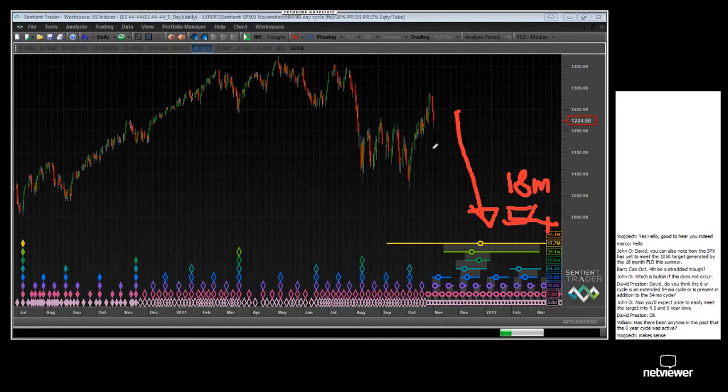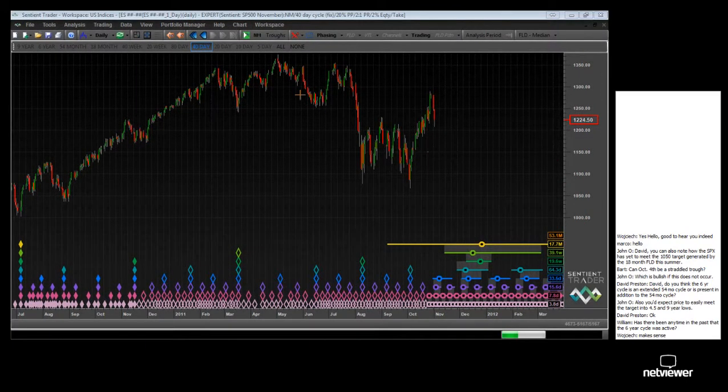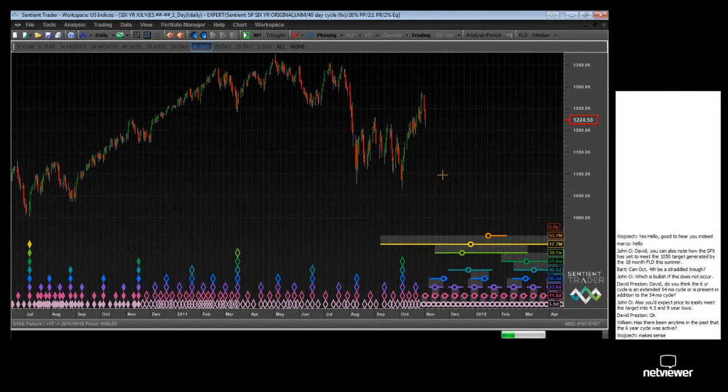So a really big trough. So we're expecting price to come down. And let's say you were trading the 40-day cycle, then the current 40-day cycle is about to end. Price is moving down already into the trough, which we're expecting sometime in the next week.